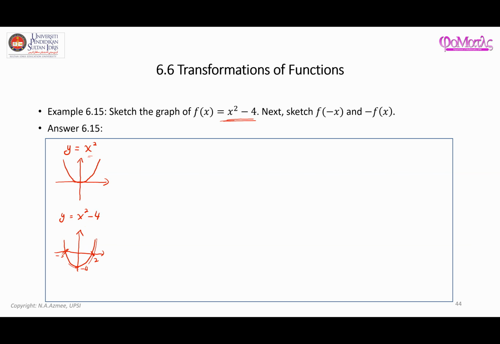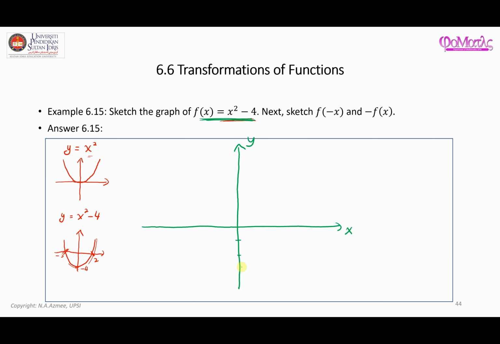Now let us try and draw it in a bigger size. So this is my x-axis, y-axis.